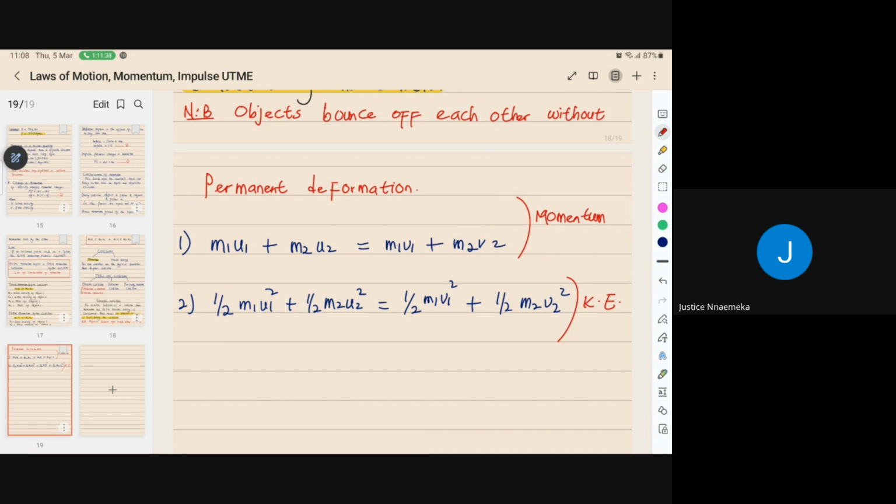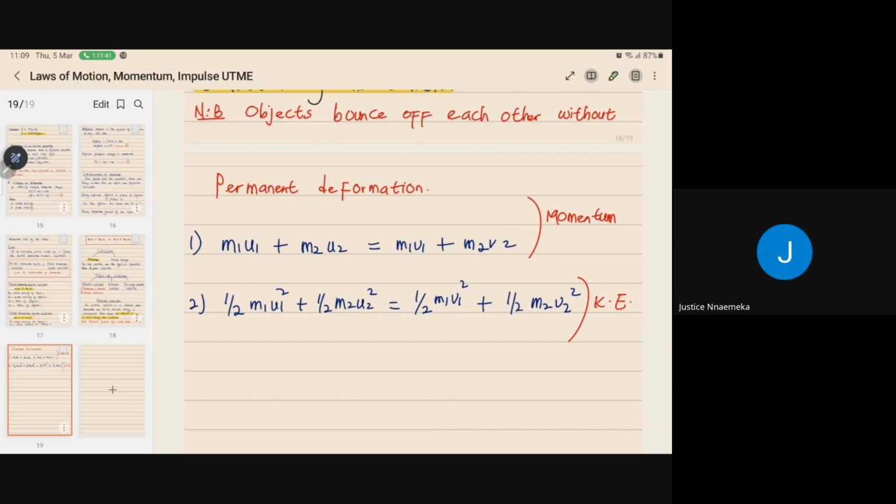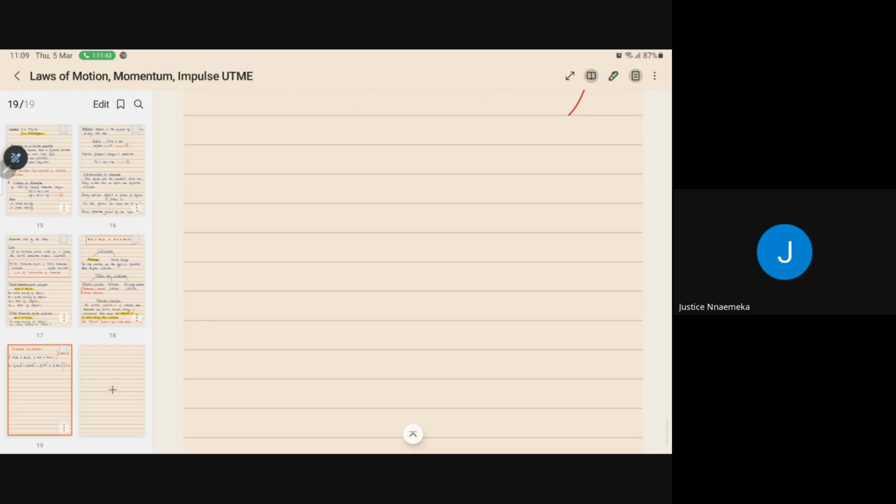All right. So the next one, let's look at inelastic now. For inelastic, here momentum is conserved as always, but kinetic energy is not conserved, right?